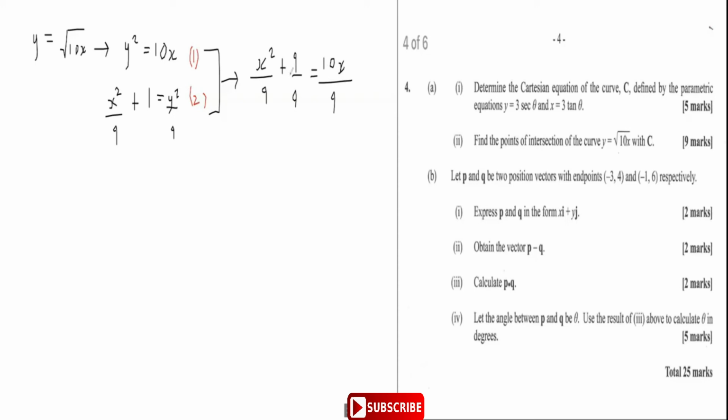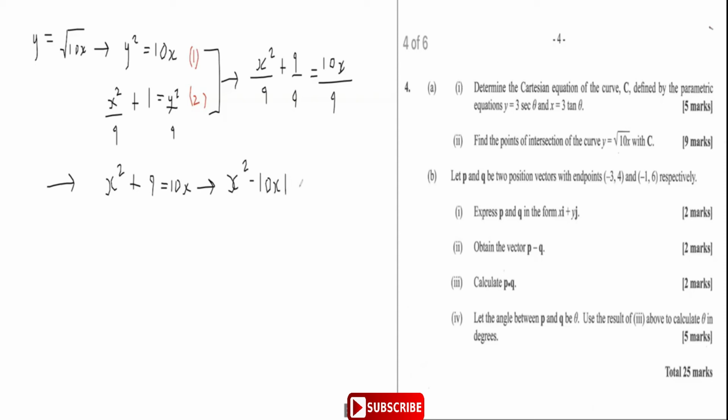Now, whenever the denominators are the same, we can just go ahead and equate the numerators. So that implies that x squared plus 9 is equal to 10x. Now we can turn it into a quadratic to get x squared minus 10x plus 9 is equal to 0.